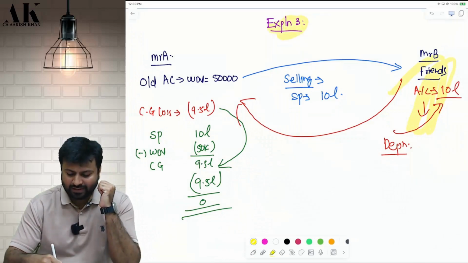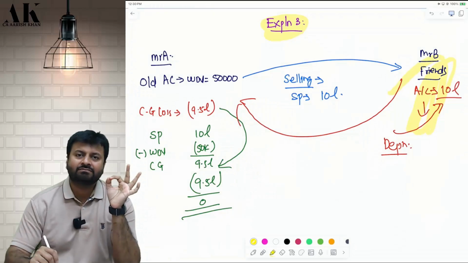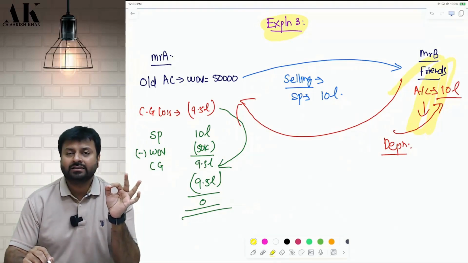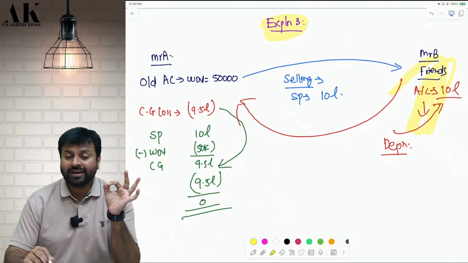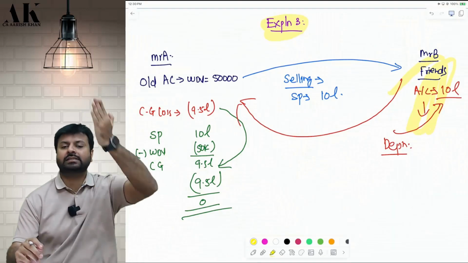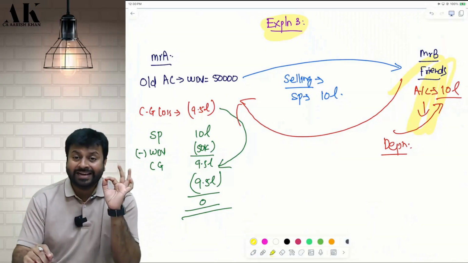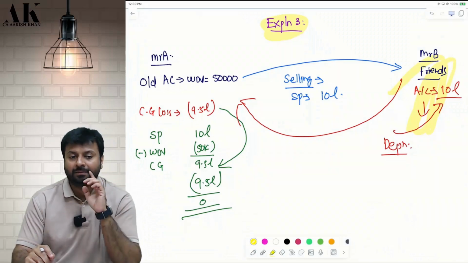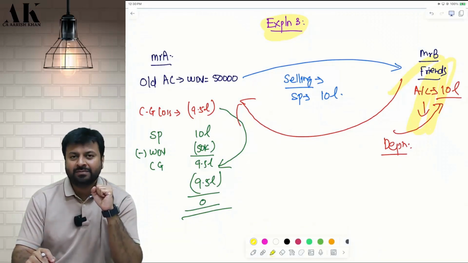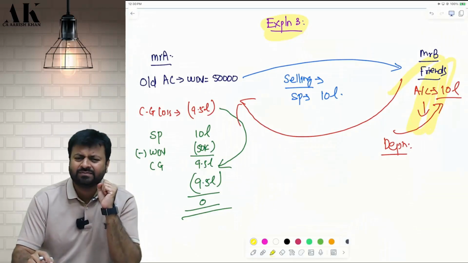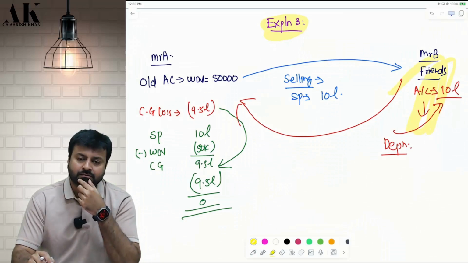So they have made an explanation where they have said, listen to the explanation: where an asset is acquired at a higher price with an intention to reduce tax liability. So in this case, is Mr. B acquiring an asset at a higher price with an intention of reducing the tax liability? And the answer is yes.